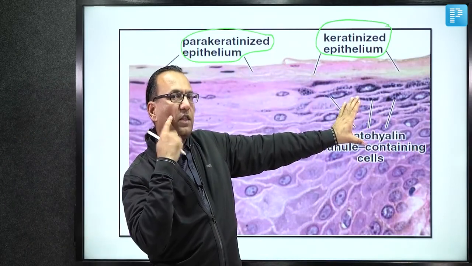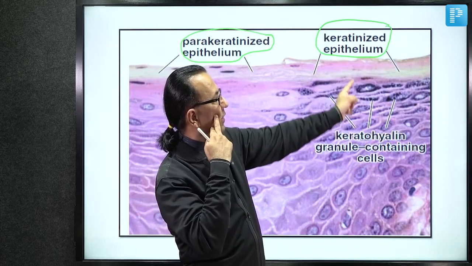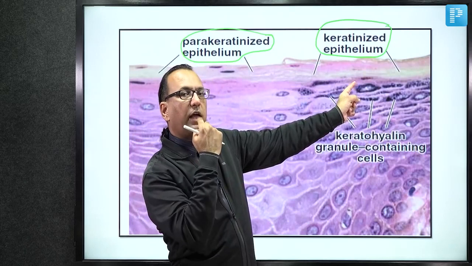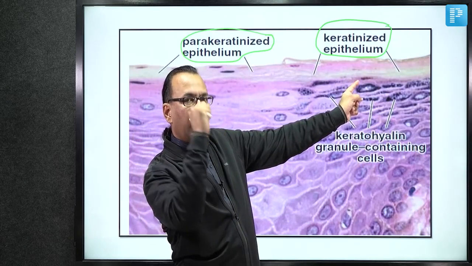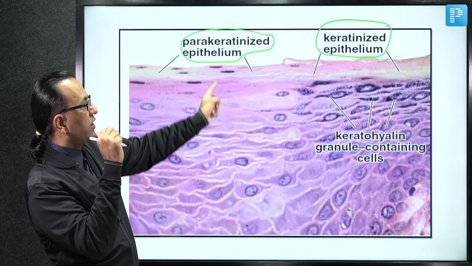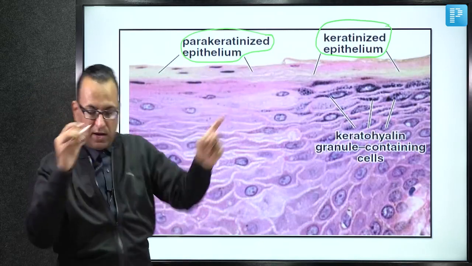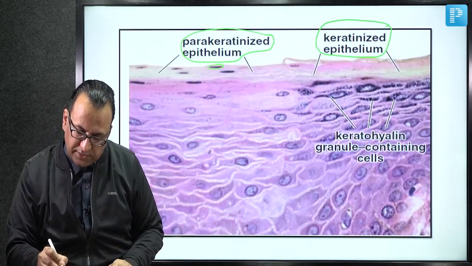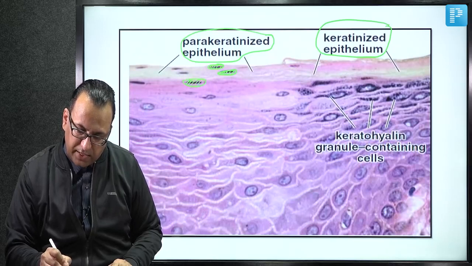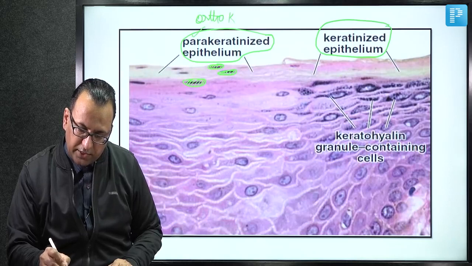You know, in skin, the keratinized epithelium, the superficial cells are dead desquamated cells and they have no nuclei. But if you talk about parakeratinization, orthokeratinization, like on the hard palate, you will see that despite the presence of keratin, the superficial cells have nuclei. So you can mark them here. If the superficial cells have nuclei, despite the fact that you have some keratin here, you will call it parakeratinization or orthokeratinization.